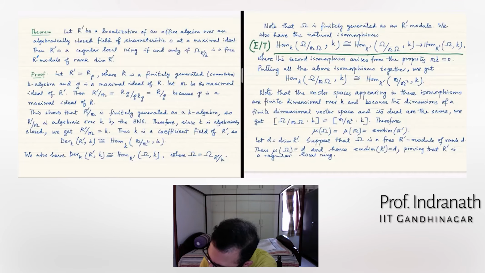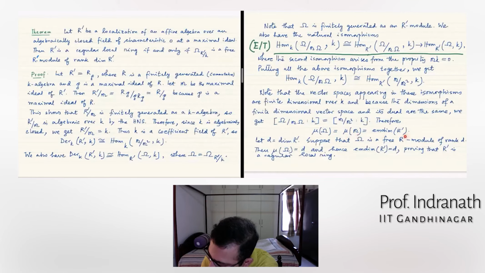Note that the vector spaces appearing in these isomorphisms are finite dimensional over K, and because the dimensions of a finite dimensional vector space and its dual are the same, we get that this dimension is the same as this. And therefore, what is this dimension? You have mu of Omega is mu of M, and that is the embedding dimension of R dash.